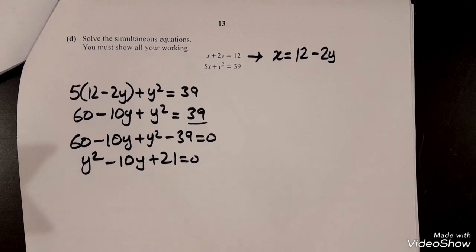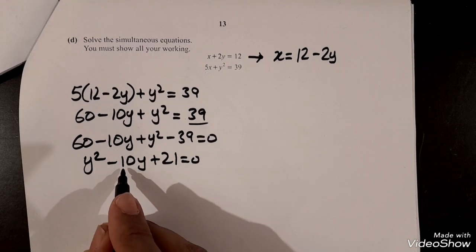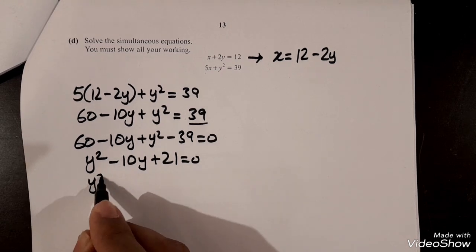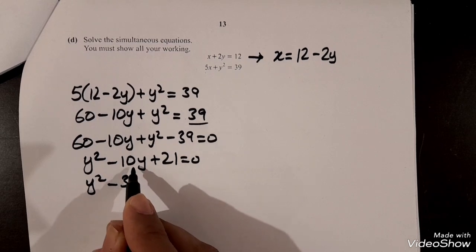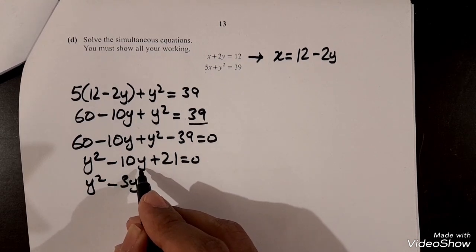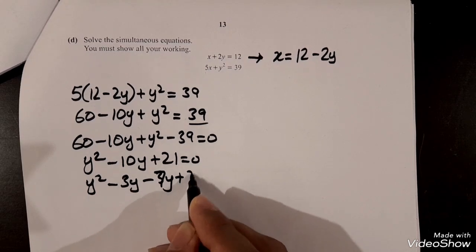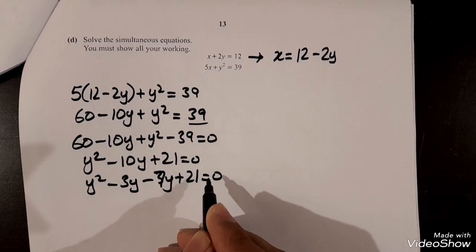Now what we will do over here is we will split this minus 10y into two terms. So the first will be y squared minus 3y and the second will be minus 7y plus 21 is equal to 0.